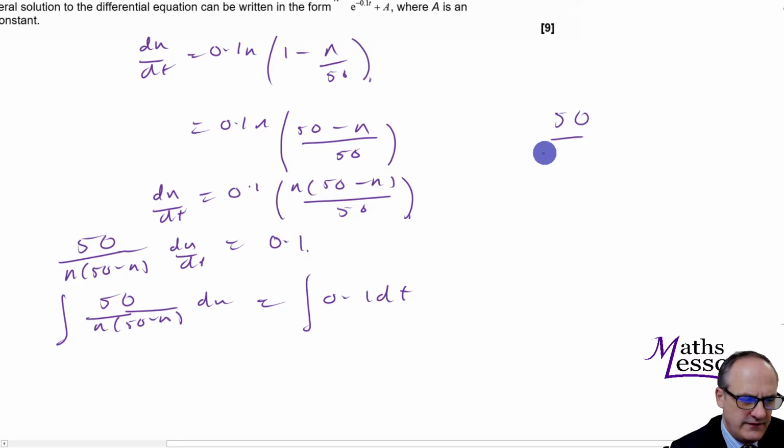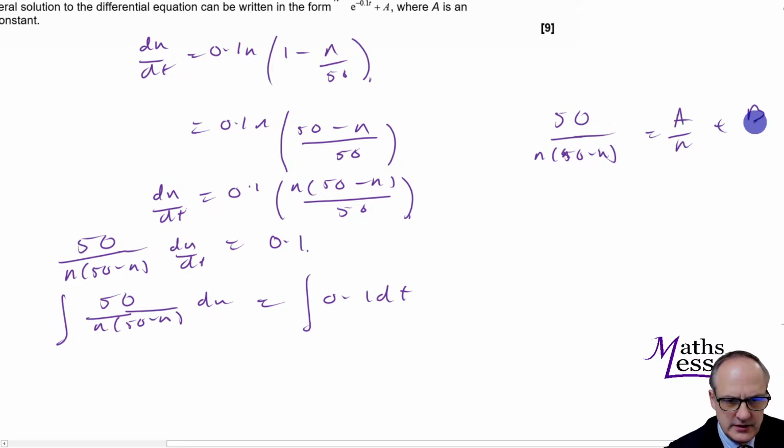So I'm going to write 50 over n, 50 minus n, as a over n plus b over 50 minus n. Therefore, now to get my top bit of this, when I combine these two, I do a times 50 minus n, because I times top by my 50 minus n. I do b times n, because I'm going to get b, and I'm going to get n over n. So that gives me the same denominator.